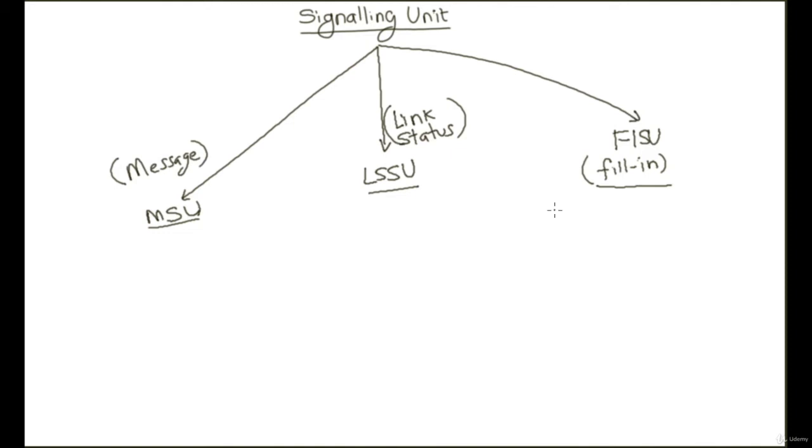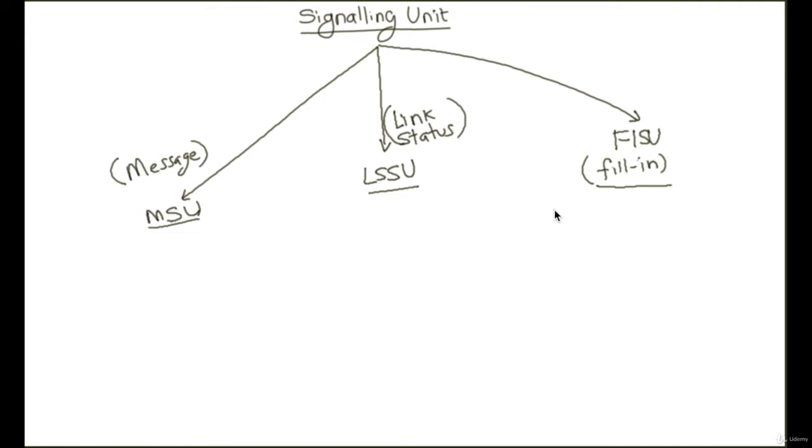Okay. What is FSSU? FSSU is basically when there is nothing to be transmitted over a link, over a MTP2 link, then these are kind of filler packets which are sent periodically over the link to maintain the sanity of the link. So these are called the FSSU packets.